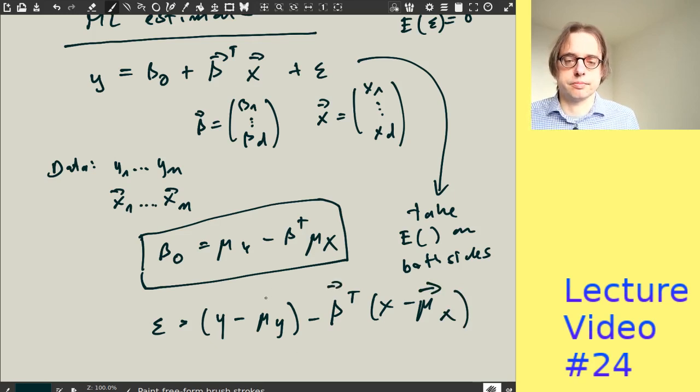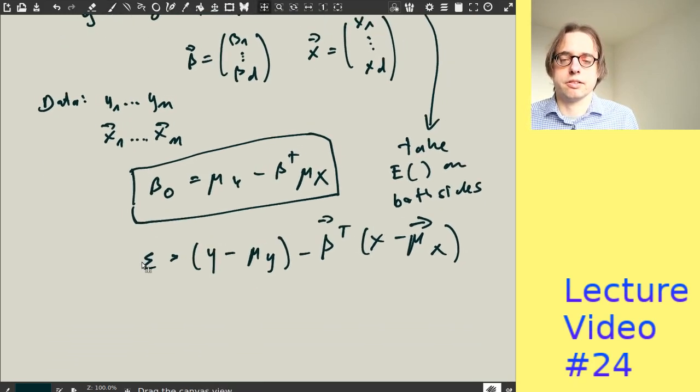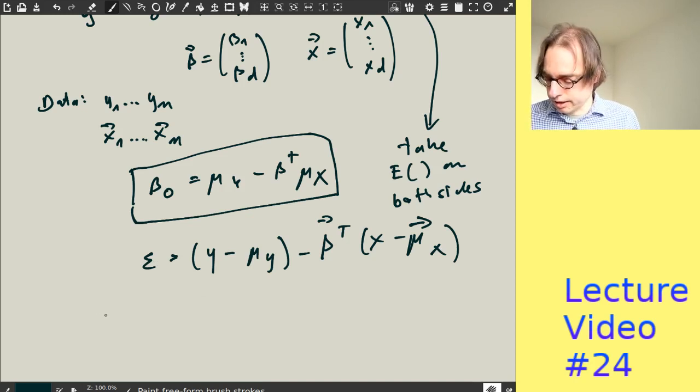So this also follows from the above. This is just because in maximum likelihood we also look at the distribution of epsilon as well, not just for y and x. So with this we can now compute the joint model, or we assume a joint model for y and x.